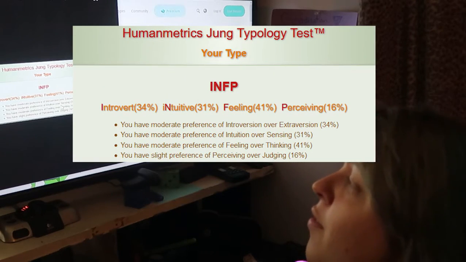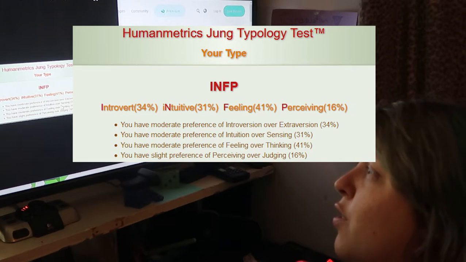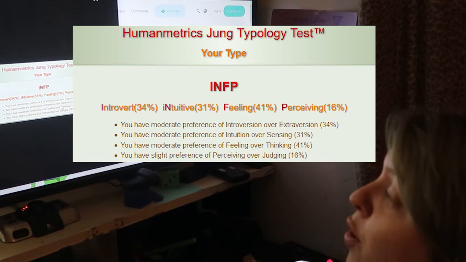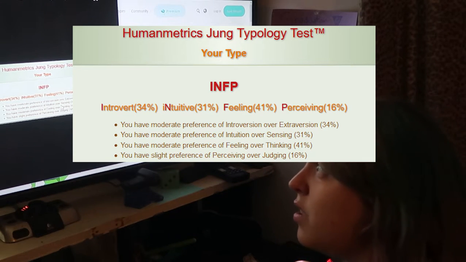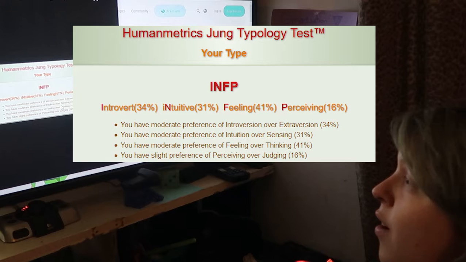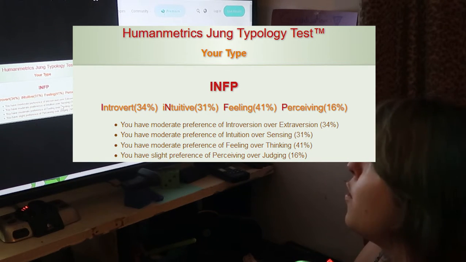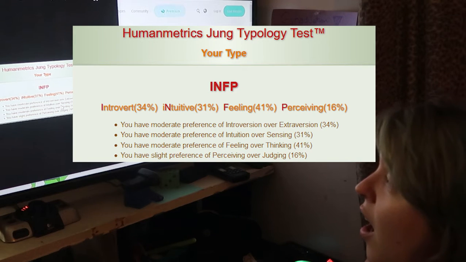I have a moderate preference of introversion over extroversion. I am apparently about 34% introverted, according to the first one. Intuitive, I have a preference of intuition over sensing by about 31%.